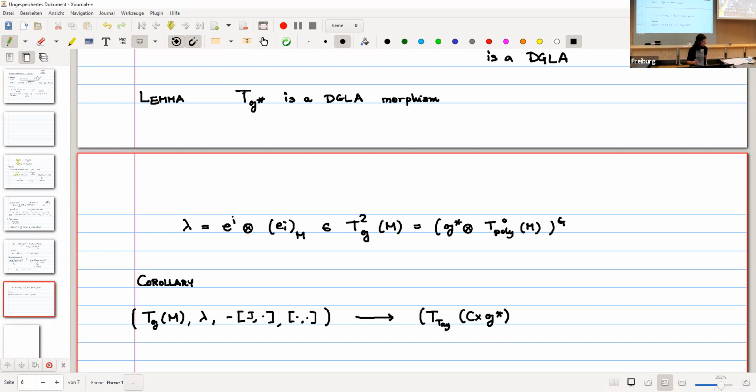Now you have the curvature written in the way I just did, lambda, and the same differential. As I told you, it inherits the same DGLA structure, and again the Schouten bracket. So this is the map I just cooked up. And I can tell you, this is actually not just a DGLA morphism, but it's more. It's a morphism of curved Lie algebras. So it really preserves the lambda.